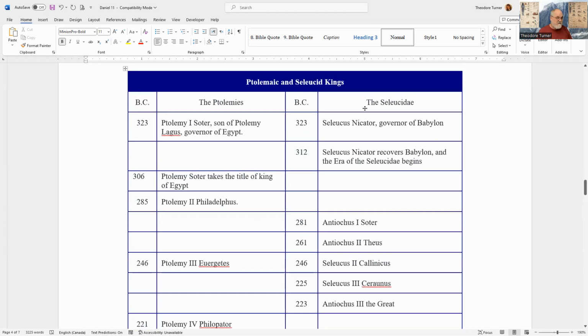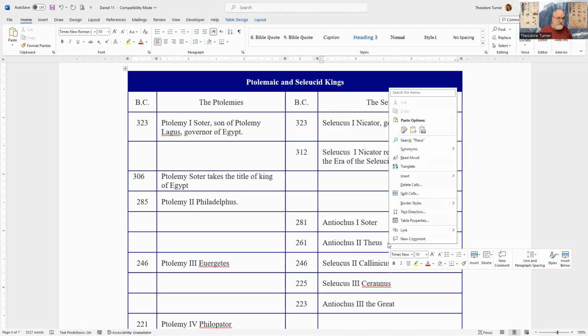you have Seleucus Nicator. He's the first, so I should put that here. You're going to get in this history Ptolemy the second of Philadelphus and Antiochus Soter. Now, this peace treaty I didn't put in here, but I'm going to put it in here. So this is the time of those wars.